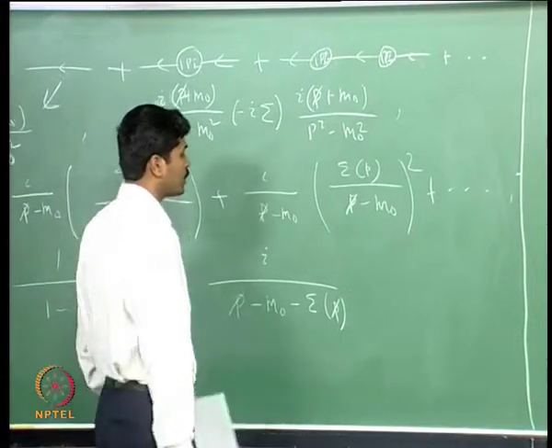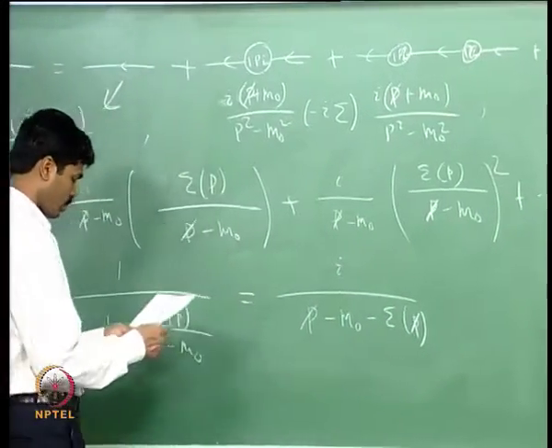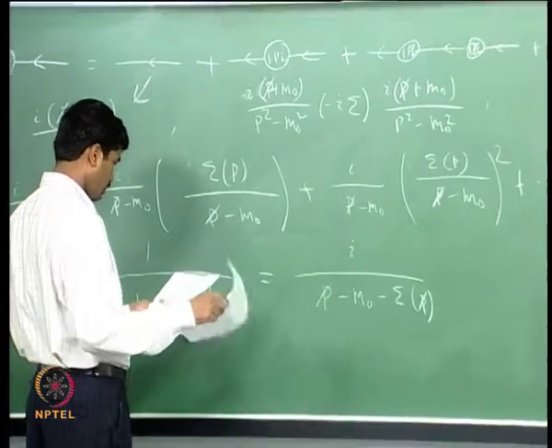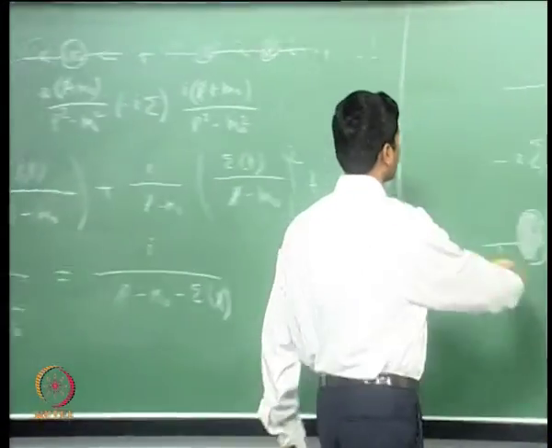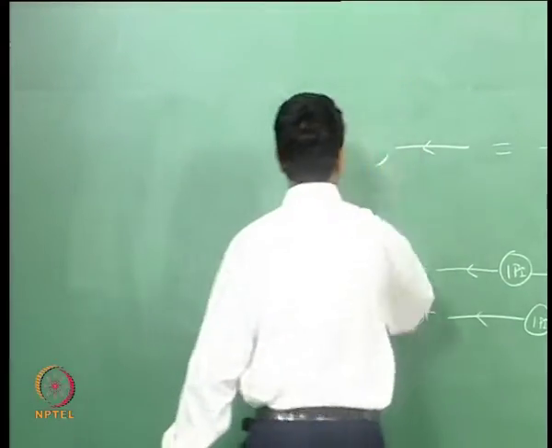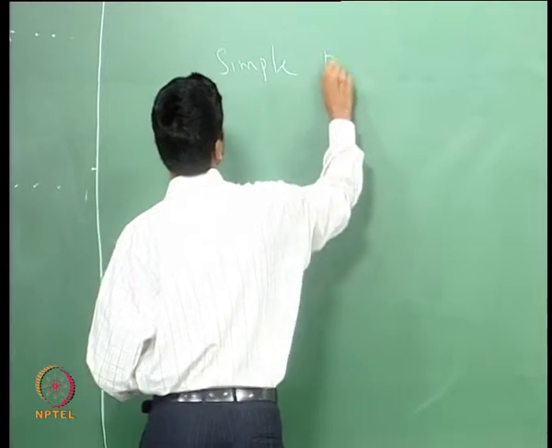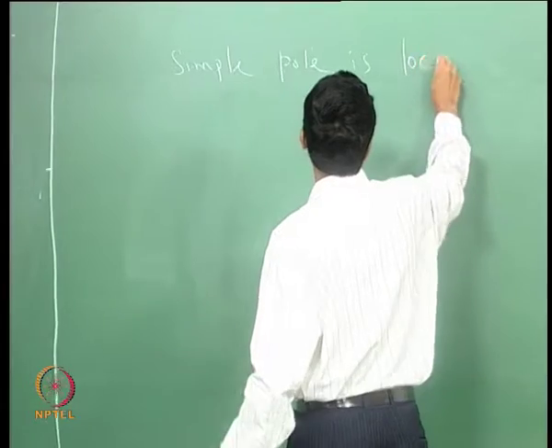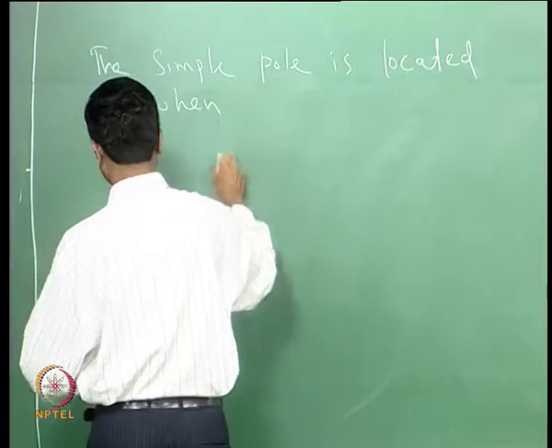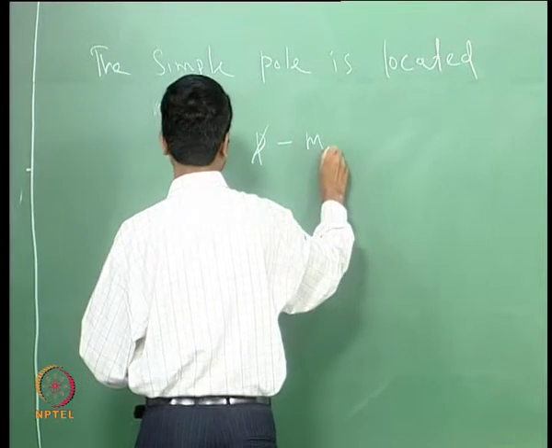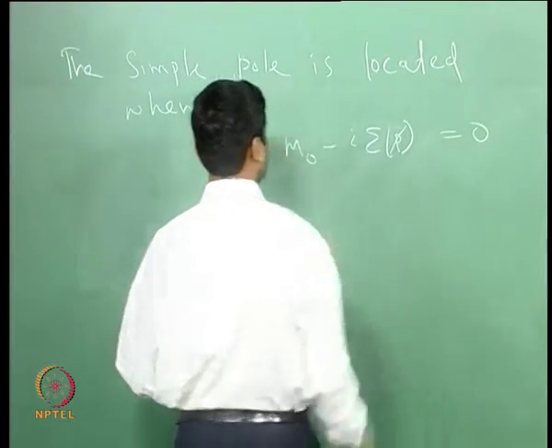It's shifted to the point when the denominator is 0. So basically the simple pole is when p slash minus m 0 minus I sigma of p slash equals 0.